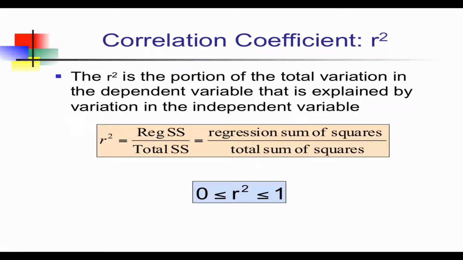Different from R squared, because it's a square root, it can have a positive sign or a negative sign. And the sign is the sign of beta 1. Essentially, if you have a positive correlation, the Pearson correlation coefficient is positive, and if your correlation is negative, it is negative. However, R squared is always a non-negative value.